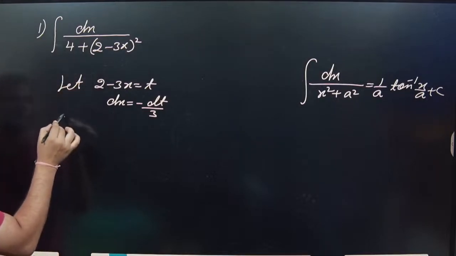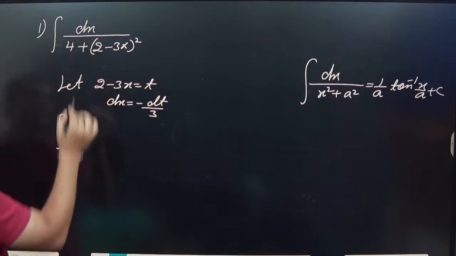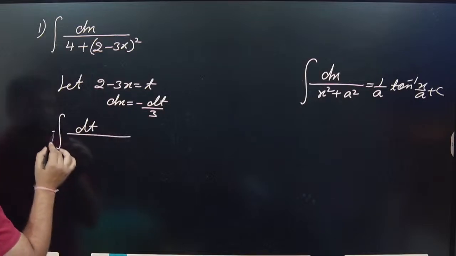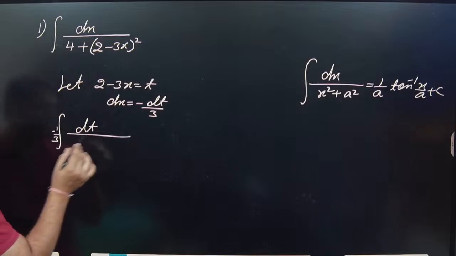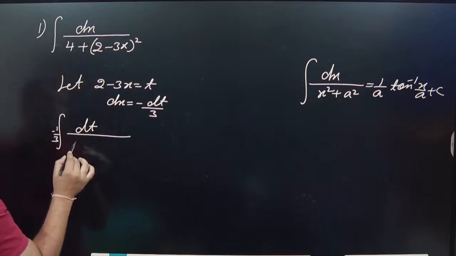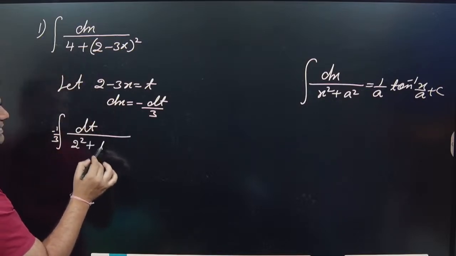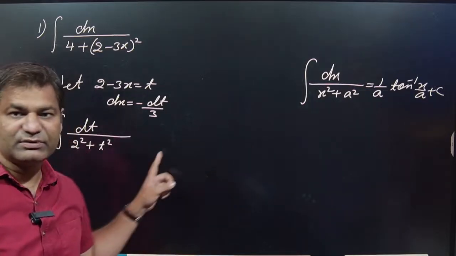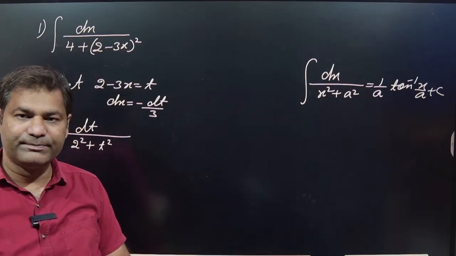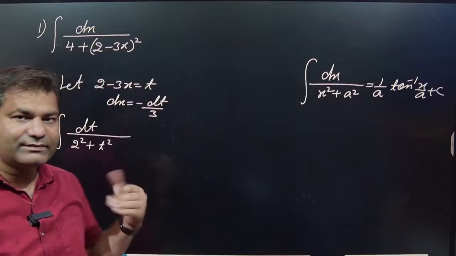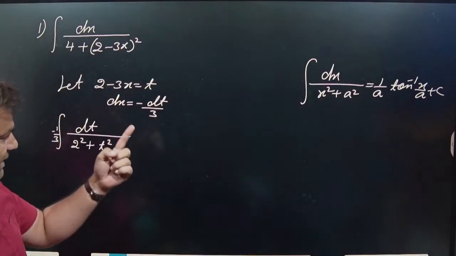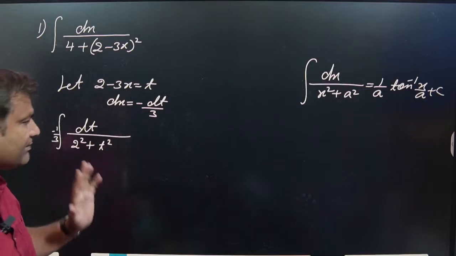Okay, now put that value here, minus dt divided by 3, basically minus 1 by 3 dt divided by 2 square plus t square. Okay, this question is similar to that question. Look here very carefully. x replaced by t and a replaced by a.